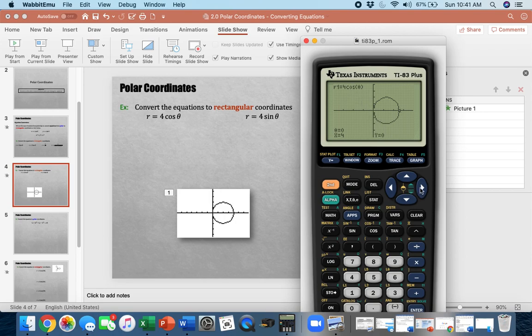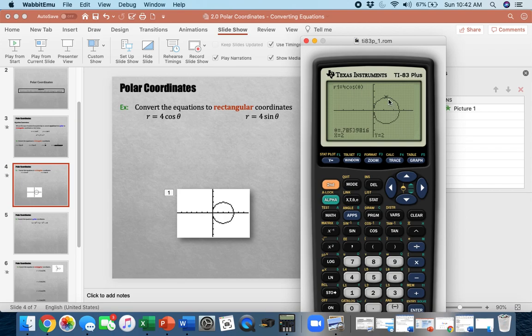Now what happens as I rotate through theta? Oh, I thought that was a pi over 2. No, silly. Cosine of pi over 2 is 0. So that's not going to get me up here, right?